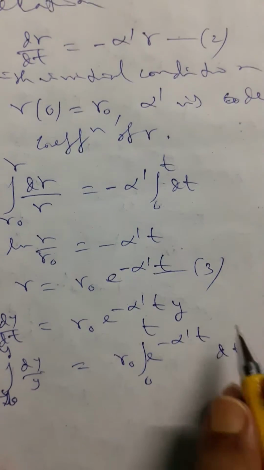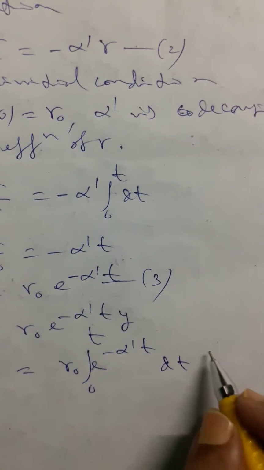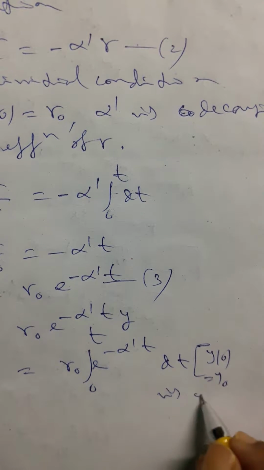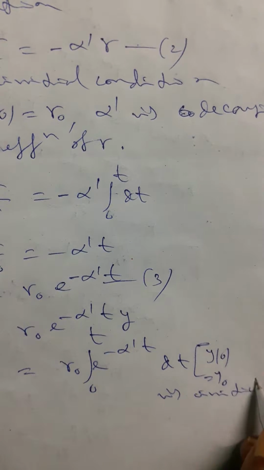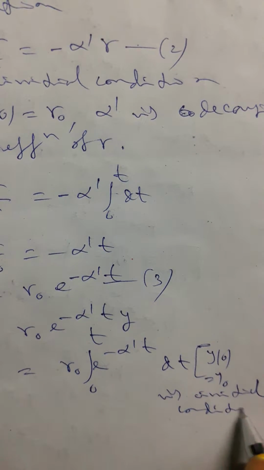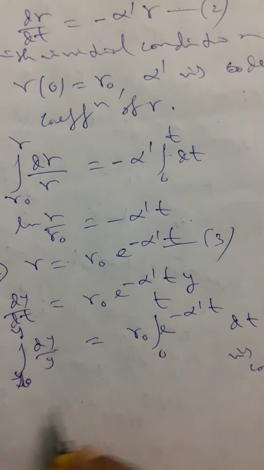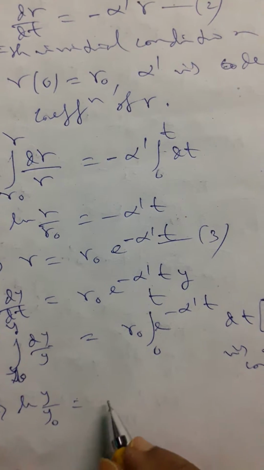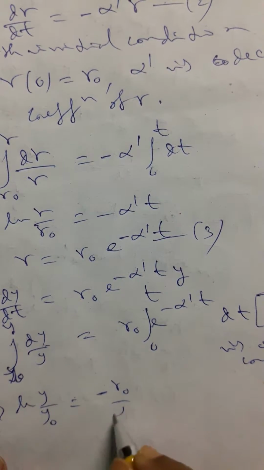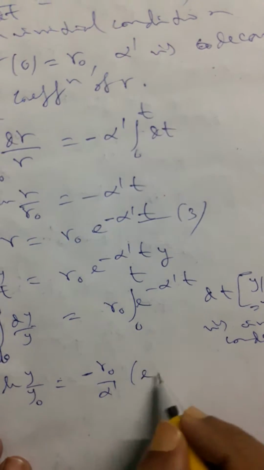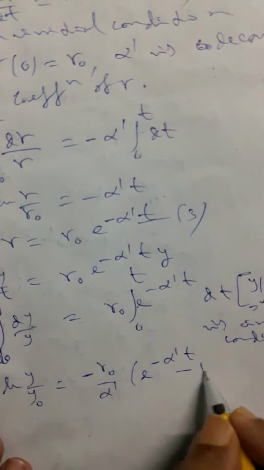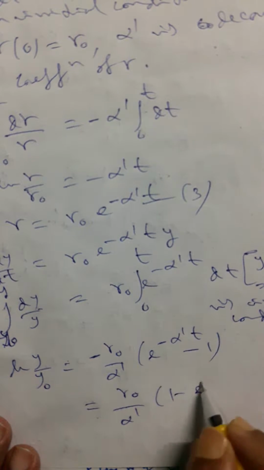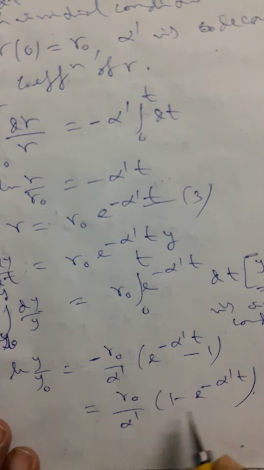Here y0 is the initial condition. Now we get ln(y/y0) equals minus r0 by alpha dash times (e to the power minus alpha dash t minus 1). So it will be r0 by alpha dash times (1 minus e to the power minus alpha dash t).